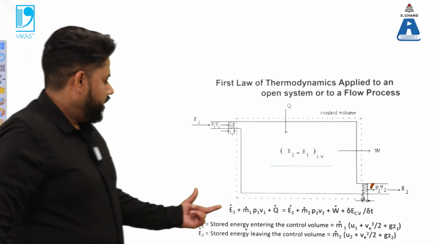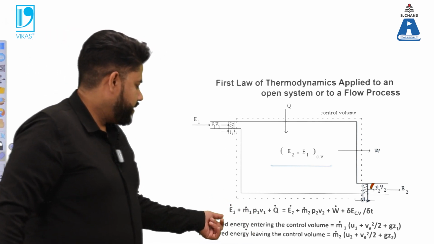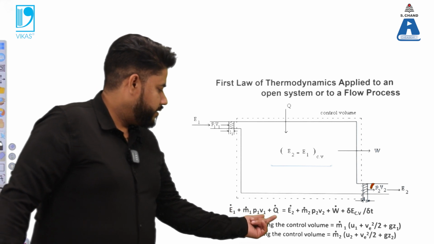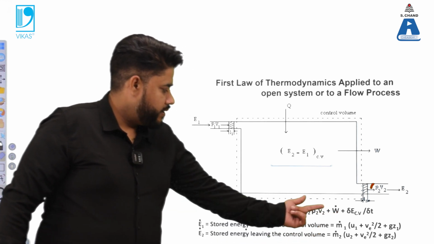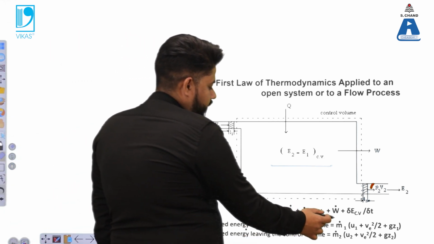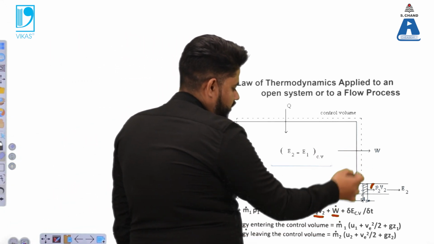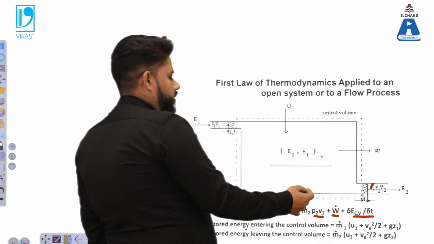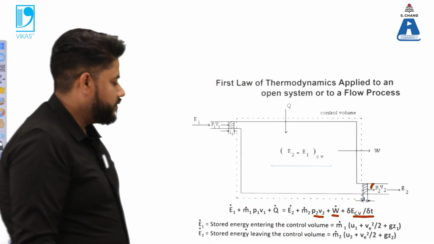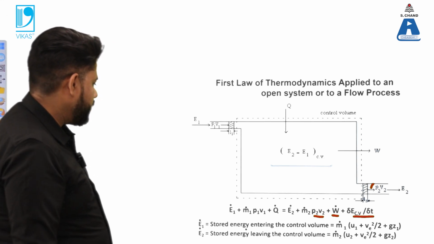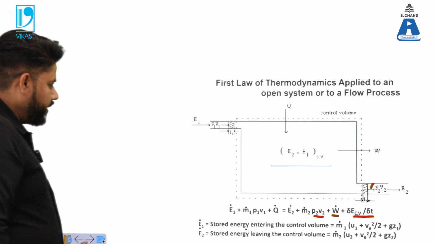So for this you have that equivalent relationship, which is energy 1 plus P1 V1 plus Q equals energy 2 plus P2 V2 plus the output work, and the rate of change of energy in that particular controlled volume.